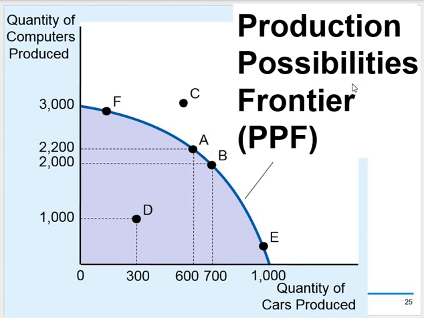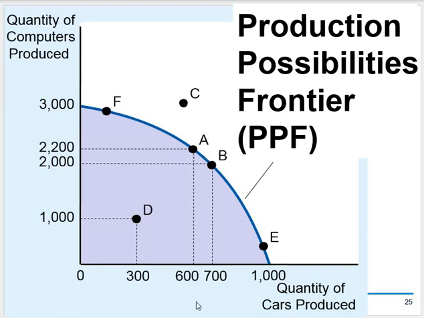Possibilities is saying that this PPF graph will give you information under different scenarios, all the possibilities of production. Okay, what does that mean?